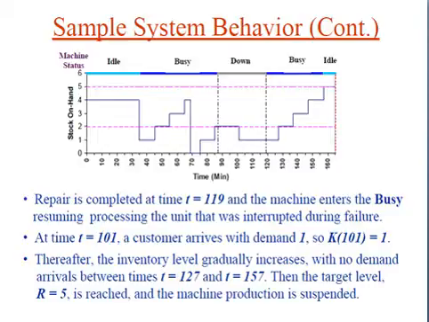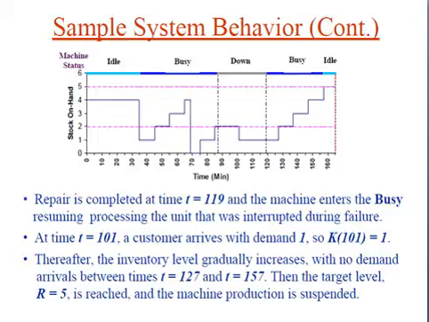So from time t is equal to 127 to time t is equal to 157, no customers arrive at the warehouse, and consequently the inventory reaches its target level or base stock level. So capital R is equal to 5, right?